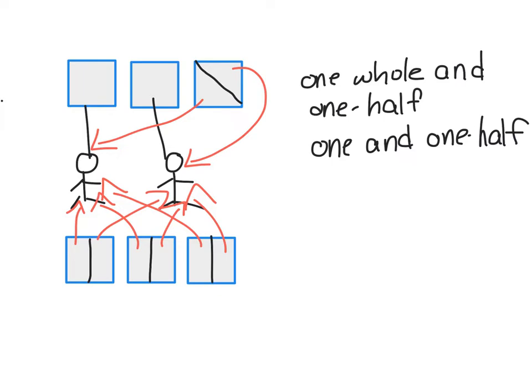This way you can see that each of the friends gets 3 1/2s, right? 1, 2, 3 for this friend, and 1, 2, 3 for this friend. So each friend would get 3 halves.